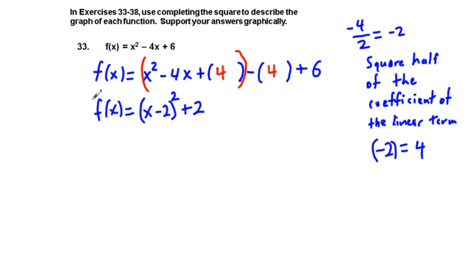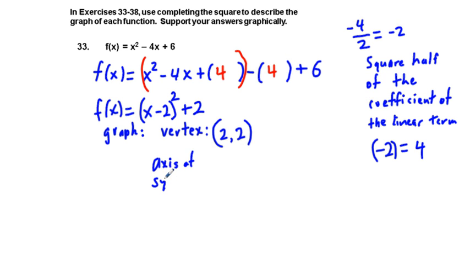So it says we describe the graph of each equation. And what we have is we have a graph, we have vertex at, we have x equals 2, x minus h, so we're going to have positive 2 there, and then up 2, and since a is positive, we're opening upward, and axis of symmetry we have x equals 2.